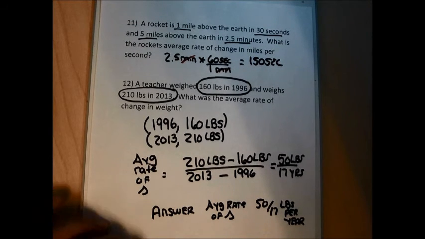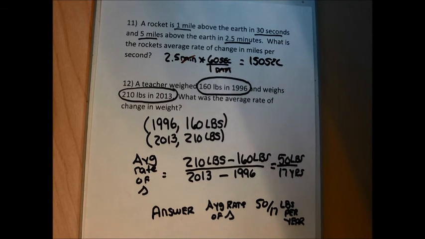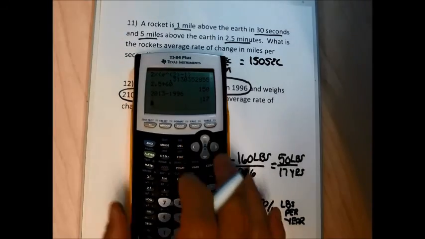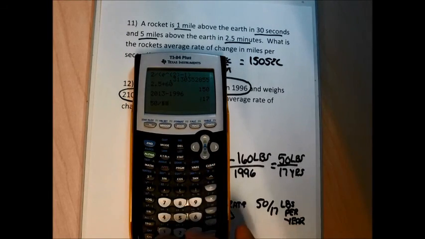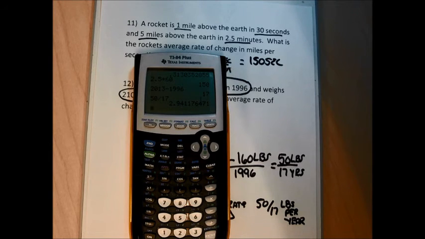And I would never say the average rate of change is 50 over 17 pounds per year. I'd probably figure a decimal version of that, but this is a correct answer. The instructions don't say give a decimal answer, so I would be safe and I'd always write the fraction answer down. So if you're not asked for a rounded decimal answer, always give me the fraction answer.